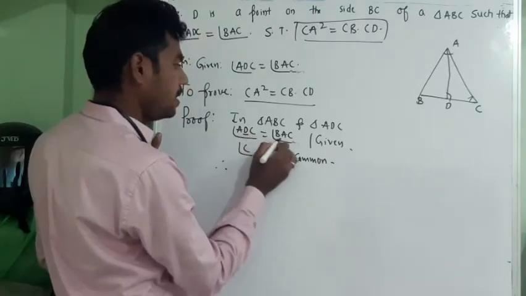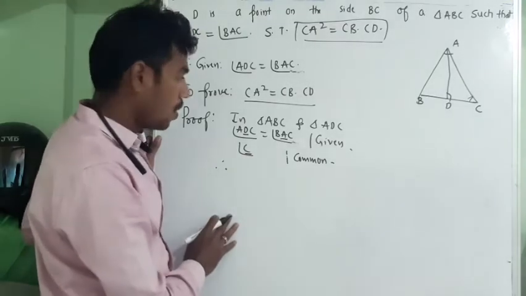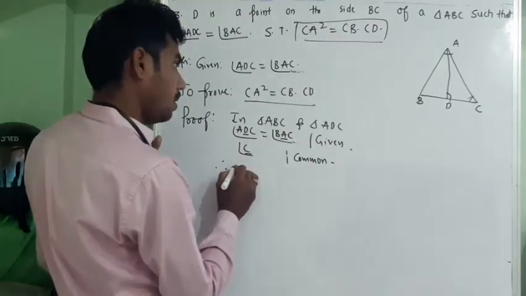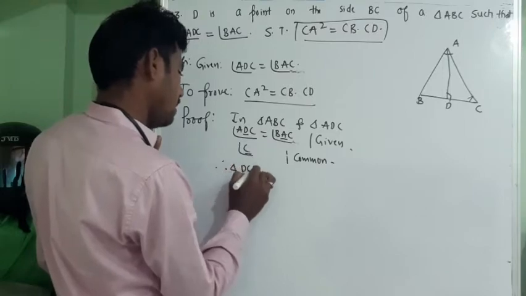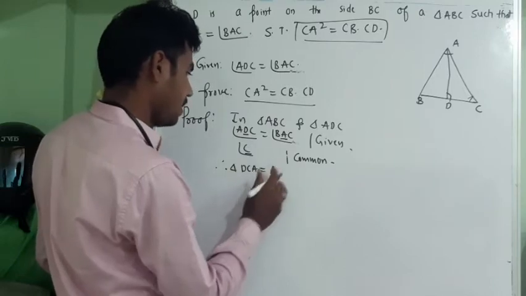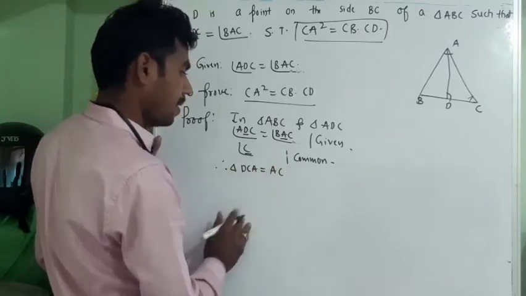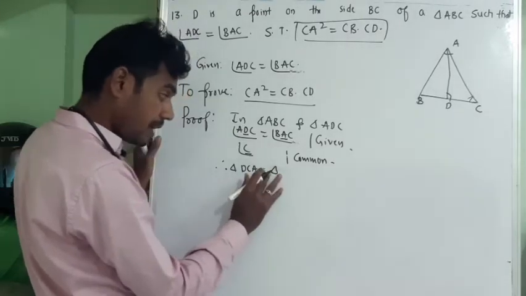So therefore, what can I write? D is proportional to A and C is proportional to C. Triangle DCA, D corresponds to A, C is C. Then what is left? We should be very careful.